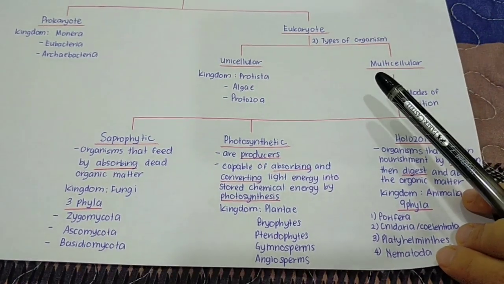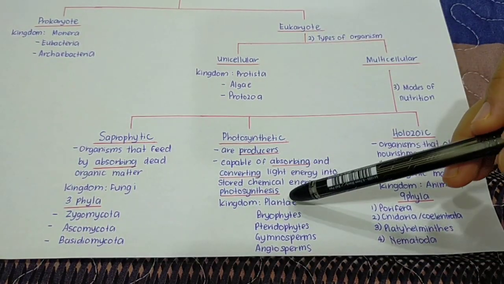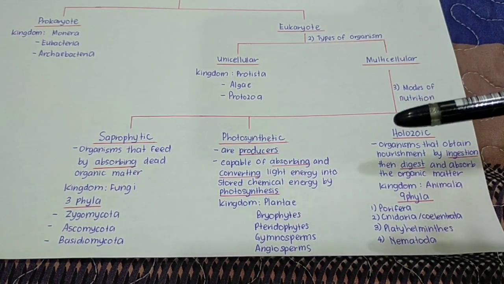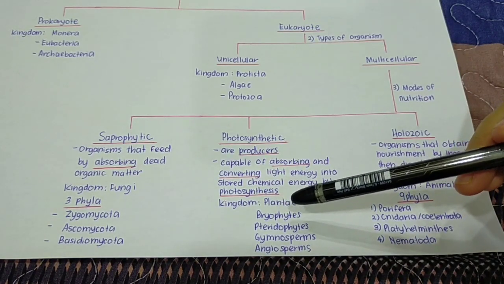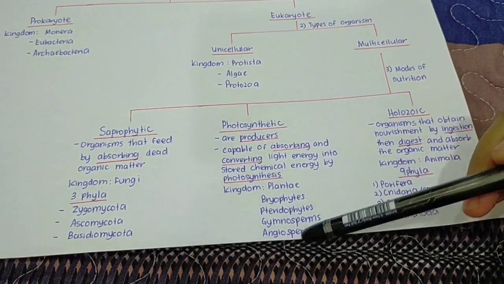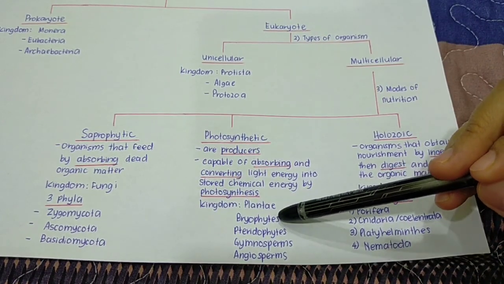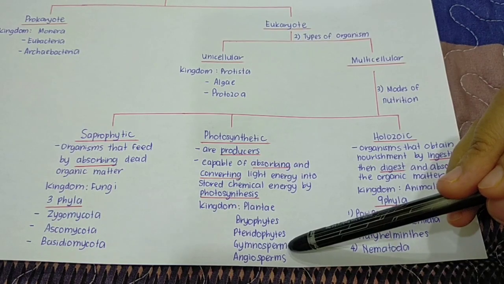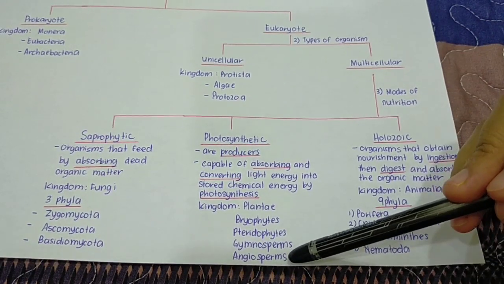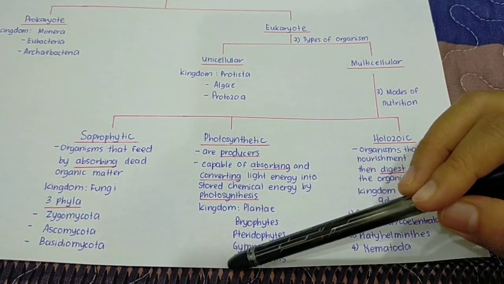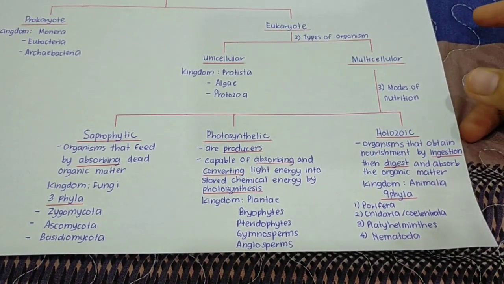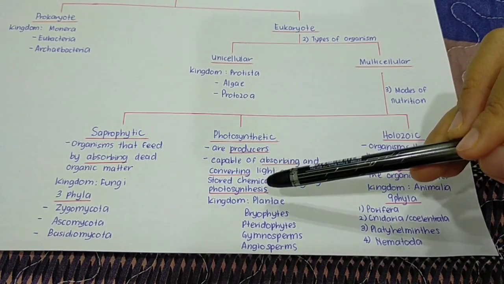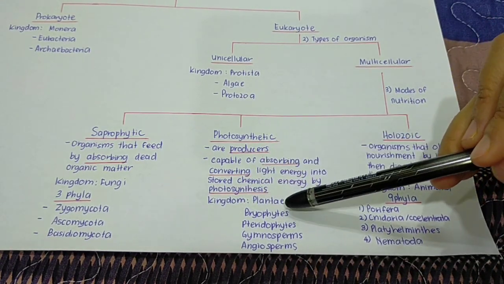The kingdom for photosynthetic organisms is kingdom Plantae. Kingdom Plantae will be classified into 4 groups here. The first one is bryophyte, then pteridophyte, number 3 is gymnosperm, and another one is angiosperm. This one I will also explain later. What you have to remember is that photosynthetic is specific for kingdom Plantae.